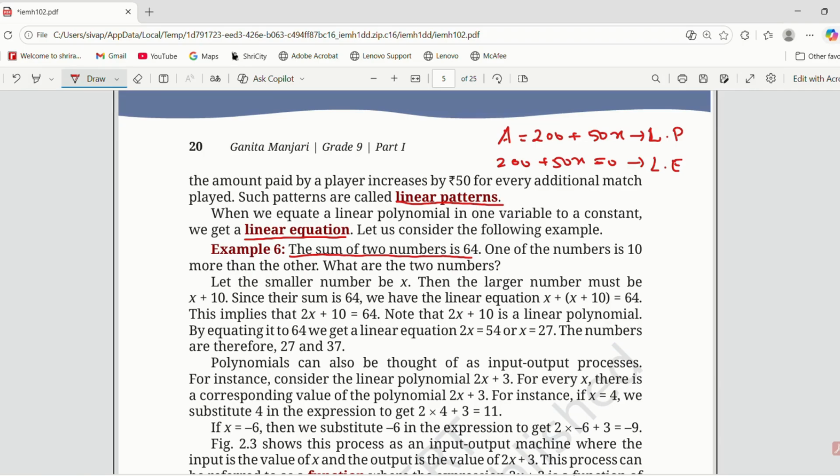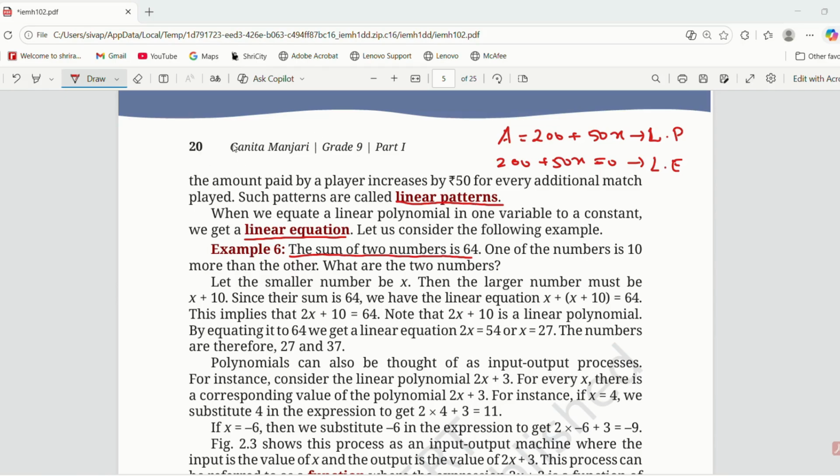One of the numbers is 10 more than the other. Here we don't know which number is 10 more than the other. Either x can be 10 more than y, or y can be 10 more than x. We can take that x is equal to 10 plus y, or y is equal to 10 plus x. You can take either from this example.